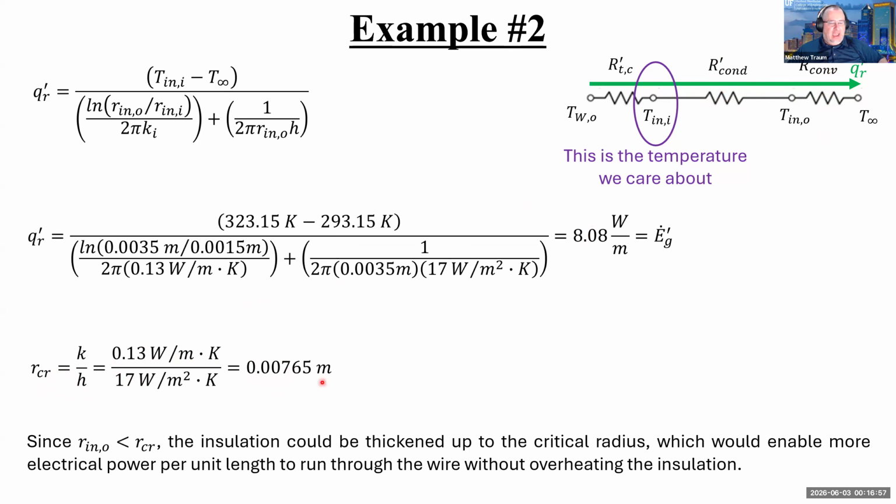0.00765 meters. And the important thing here is that this value is more than the radius of the outer layer of the insulation.